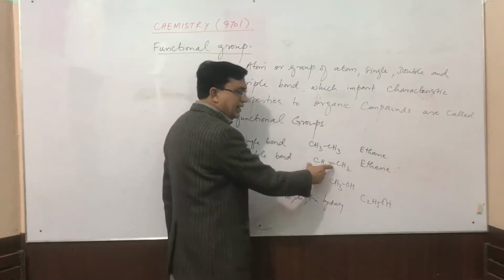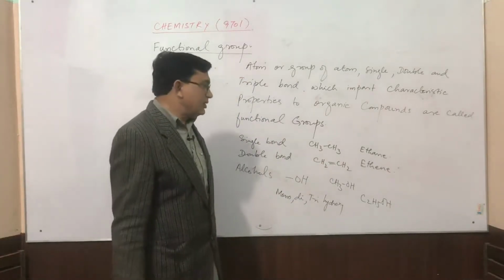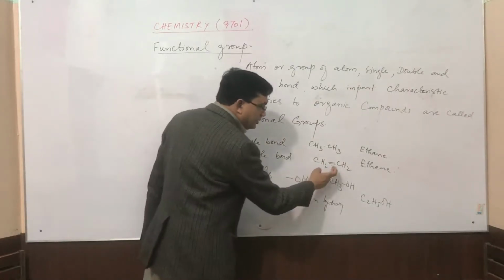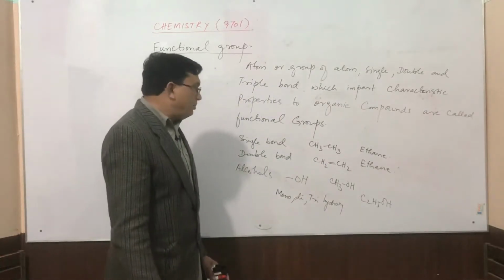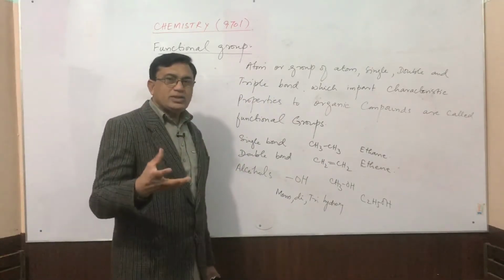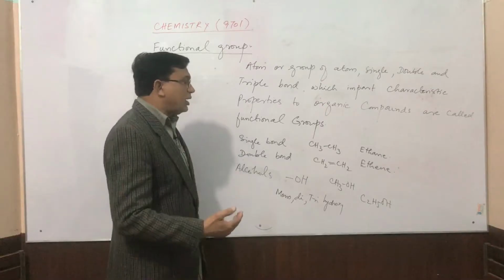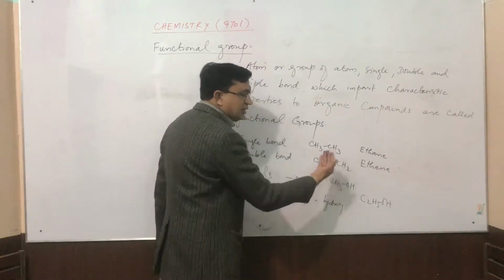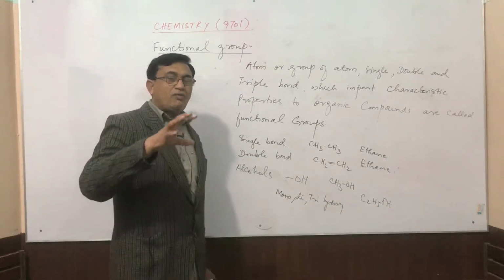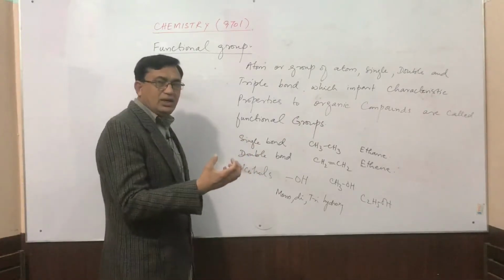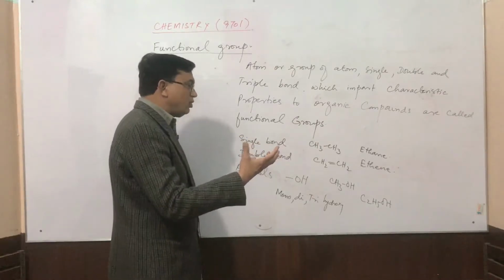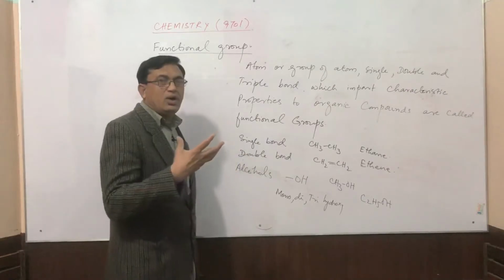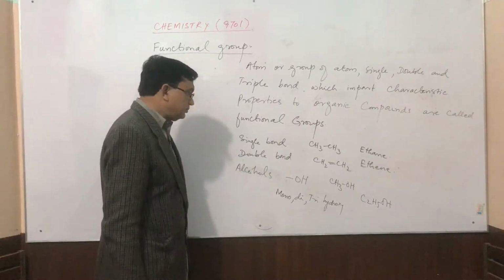The compound containing double bond will be more reactive. In this manner, due to the presence of this double bond in an organic compound, the properties are totally changed. That's why this double bond is considered a functional group, which has created a unique or different type of chemical properties in organic molecules.